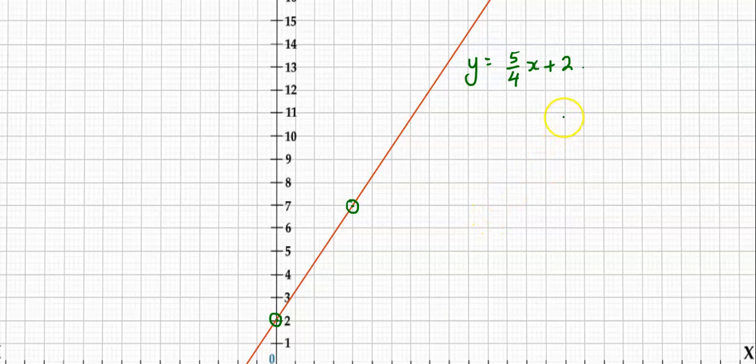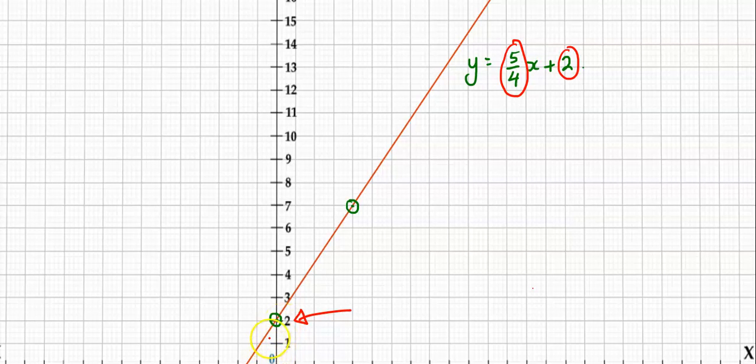So again, in drawing this graph, the first thing we start with is our y-intercept, here 2. Then we look at our gradient, which is 5 over 4. We start with the numerator. The numerator tells us how many units to move upwards or downwards. If the numerator is positive, we move that amount of units upwards. If the numerator is negative, then we have to move that amount of units downwards.